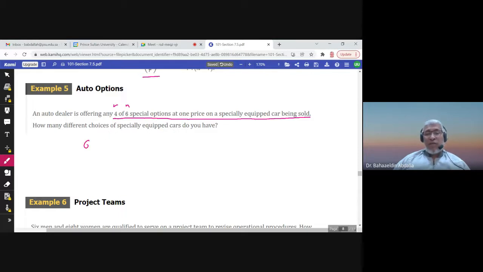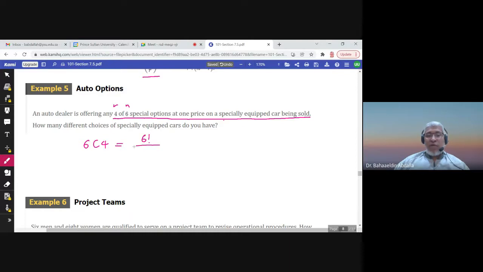This is 6C4. We need to choose 4 special options out of 6 without any order. All the options will be in the car without any difference between them, or order, or arrangement. If you want to use the calculator, you can get the answer immediately.